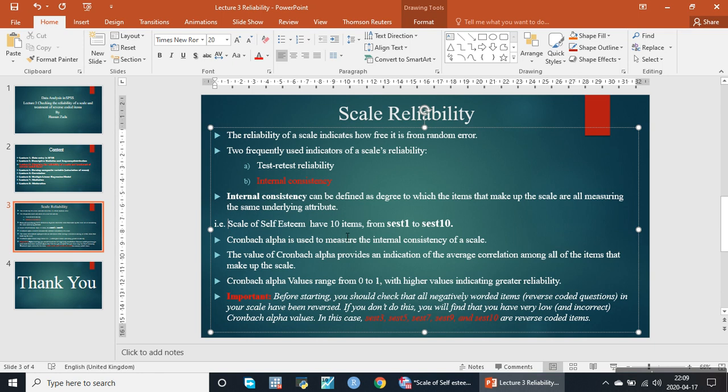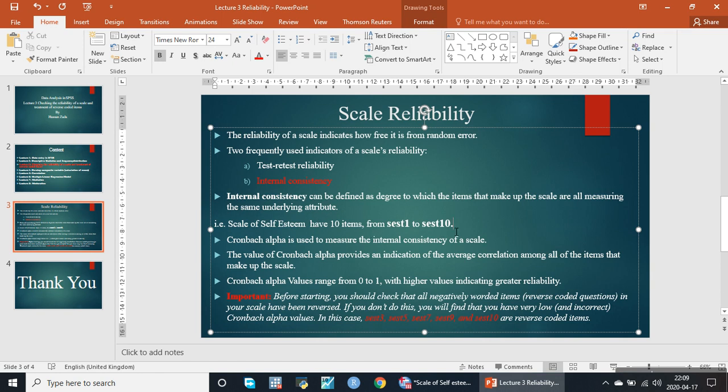The scale of self-esteem has 10 questions, 10 items, from self-esteem 1 to self-esteem 10. So here internal consistency means that all the 10 items that make up the scale of self-esteem are measuring the same underlying construct, the same phenomenon, which is self-esteem, or not.